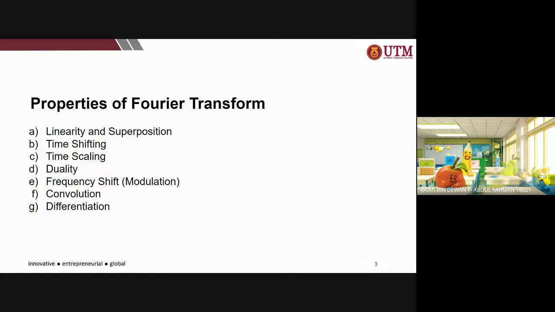So we modulate it with a carrier wave. With modulation, we introduce a carrier wave, so the signal is able to travel to larger distances. An example of this application is radio.